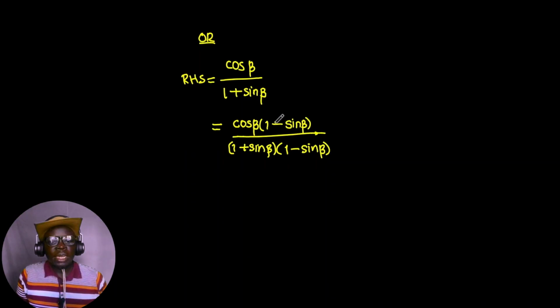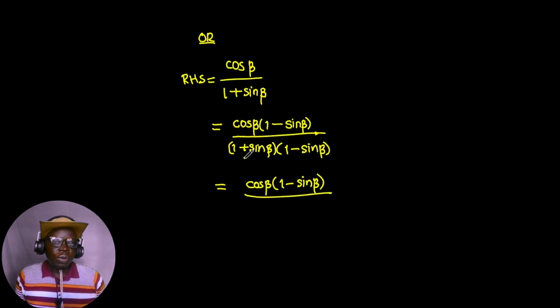Now we can maintain the numerator like that because it is looking exactly like the left hand side there. And coming to the denominator, as we copy the denominator the same, 1 plus sine beta into 1 minus sine beta, and we close it up. This is again difference of two squares.